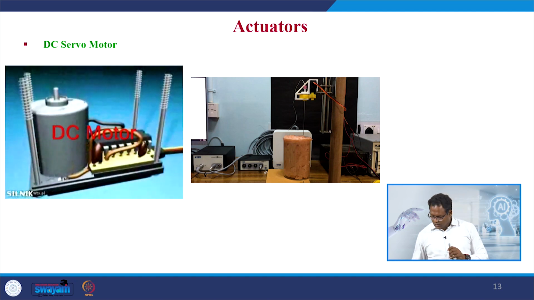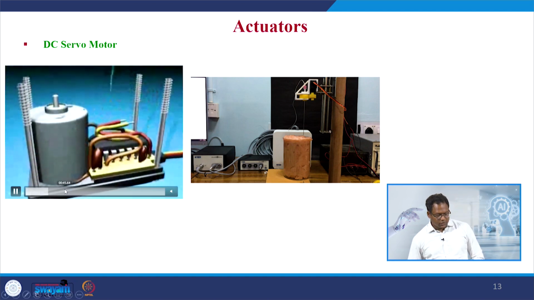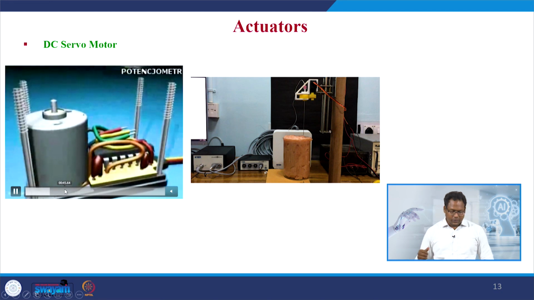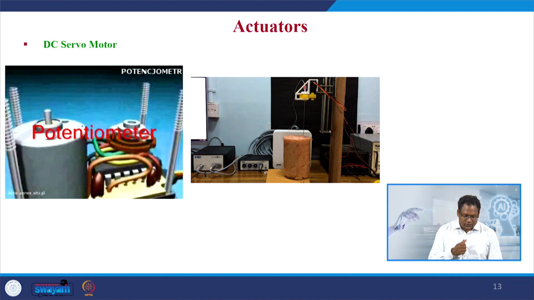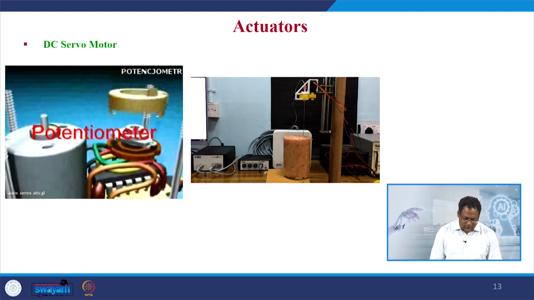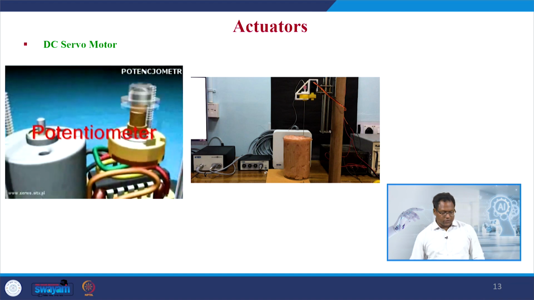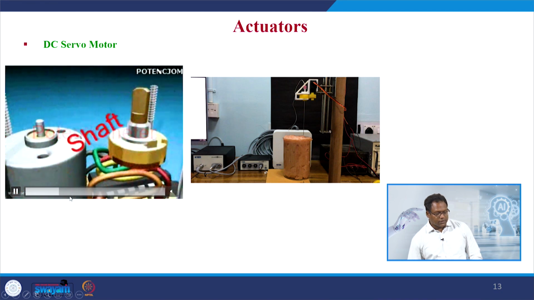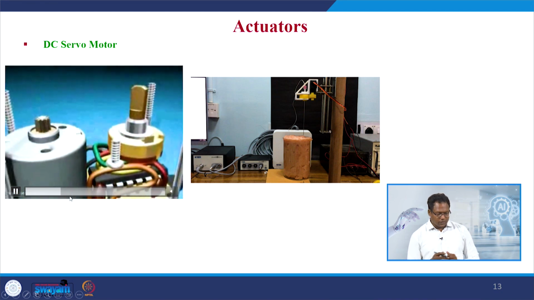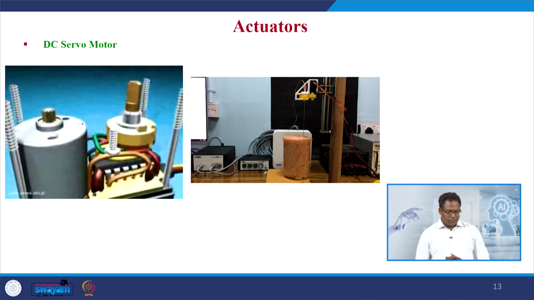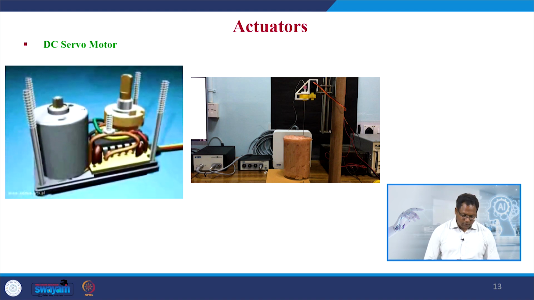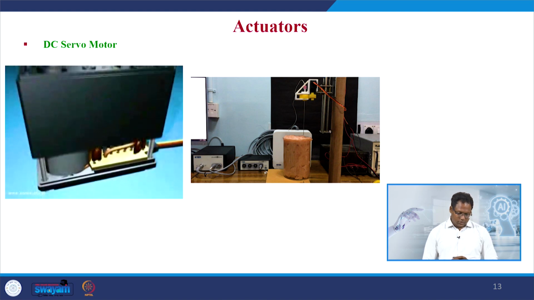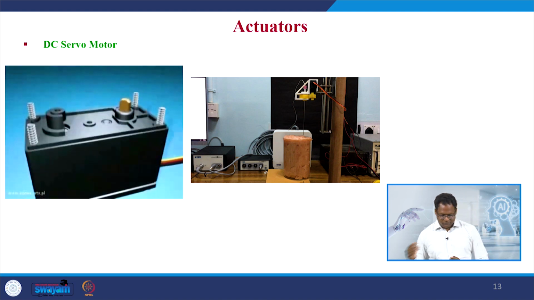We have an inbuilt potentiometer, so that whatever angle we expect to move, the shaft of the DC servo motor will move to that angle exactly. That exact movement is given by the internal potentiometer, which gives the feedback value. And we have a gear train also in order to have high torque for this DC servo motor.